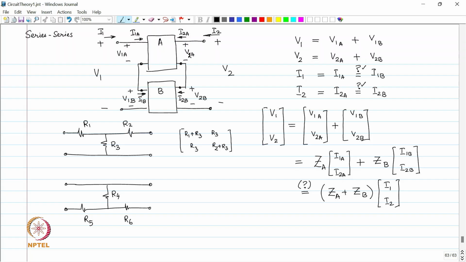Fine. Let us try the second network. Is the second network any different? Nothing much. It is pretty much the same, just drawn upside down. All right.